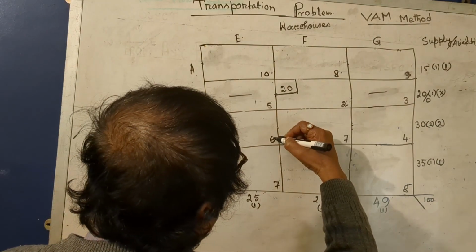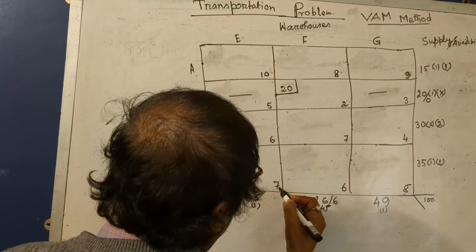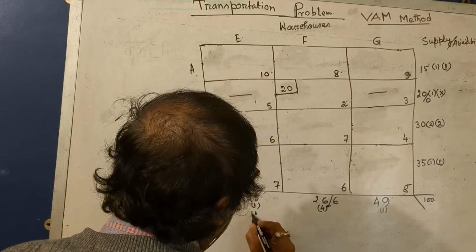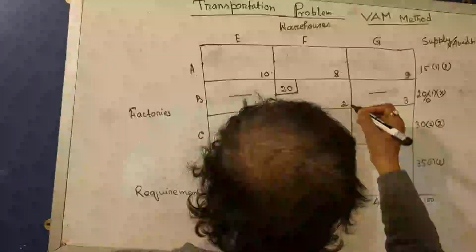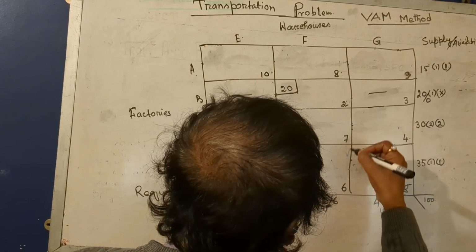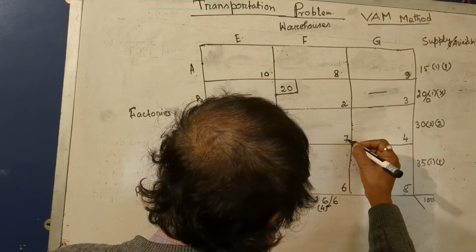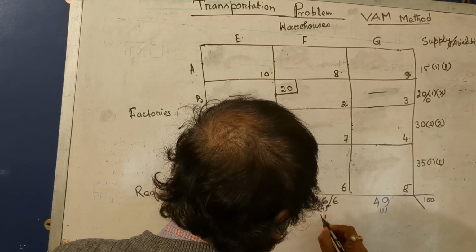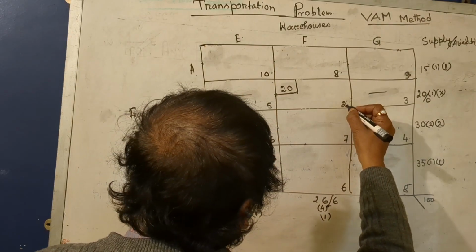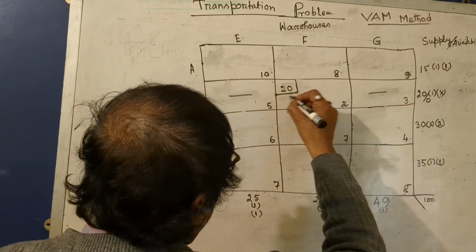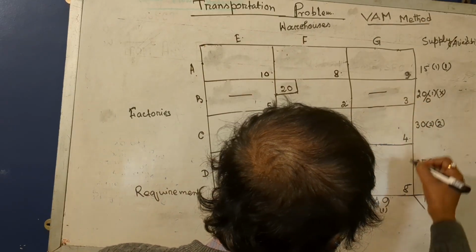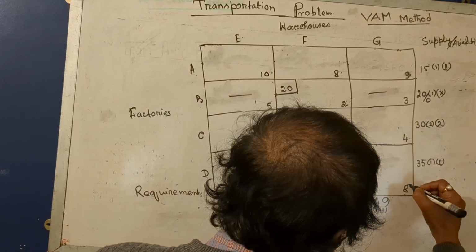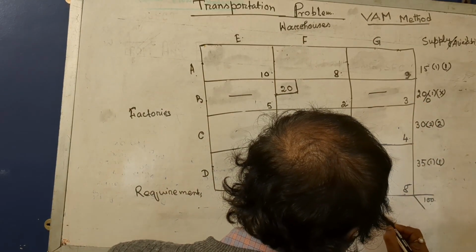Take the lowest cost 6 and the immediate lowest cost 7. The difference is 1. For the next column, the lowest cost is 6 and the immediate lowest is 7, the difference is 1. This cost will not be considered as allocation is already made to this cell. And for this column, the lowest cost is 4 and the immediate lowest is 8, so the difference is 4.